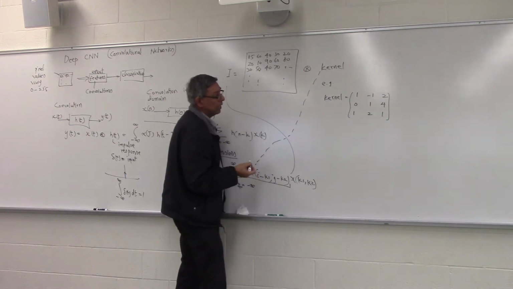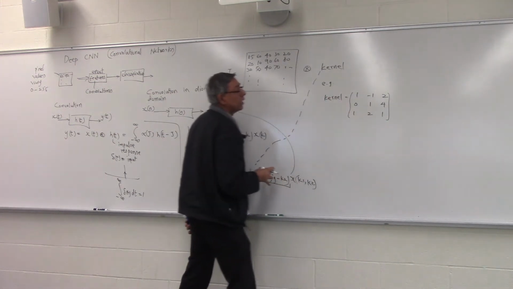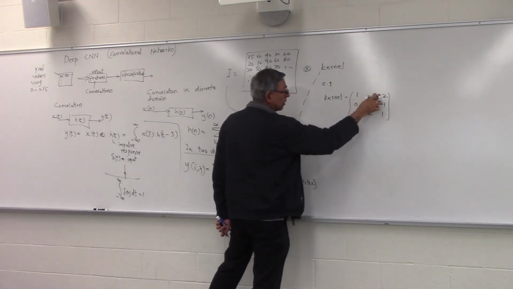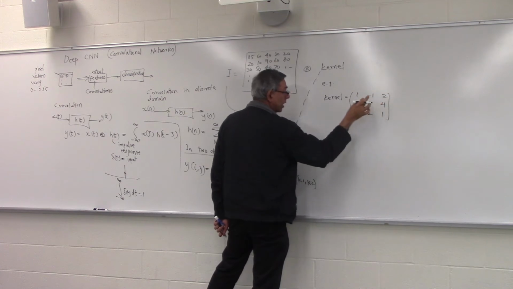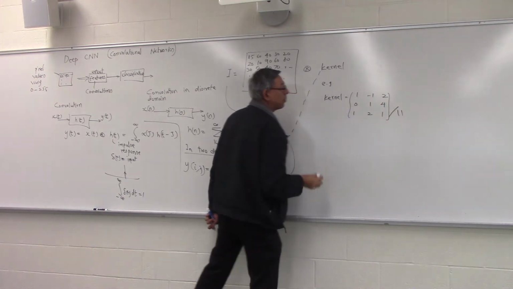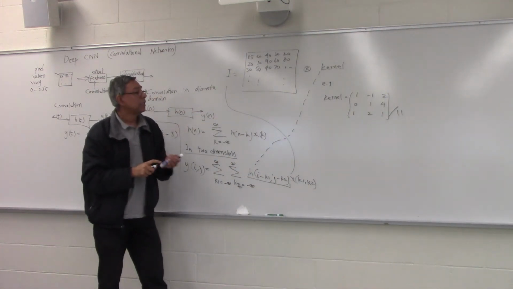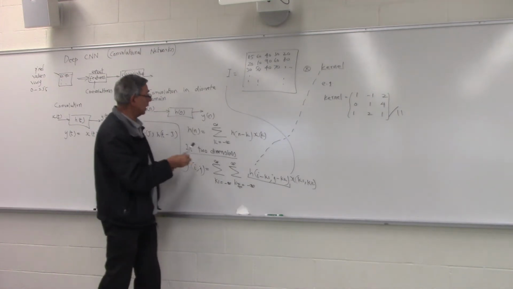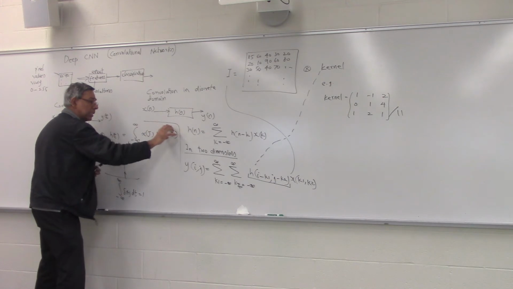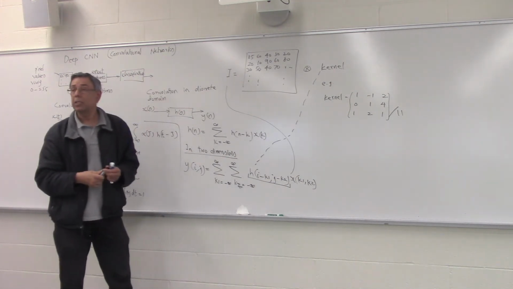Typically once we do the convolution, the sum of all the values should be 1. So 1 minus 1, 0, 2, 6, 7, 8, 10, 11. So in this case, a proper kernel would divide the value by 11. Remember in convolution, we flip one signal, we slide it and integrate it, right? Very similarly in the discrete domain also.